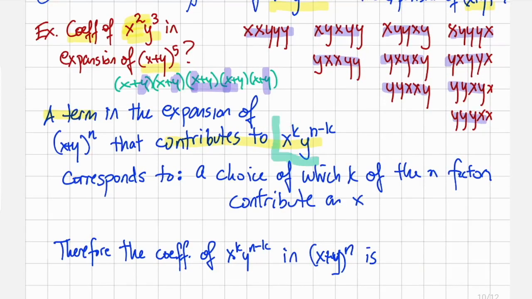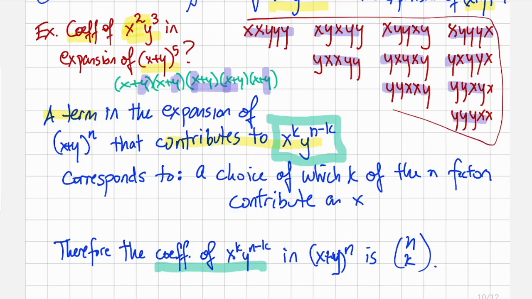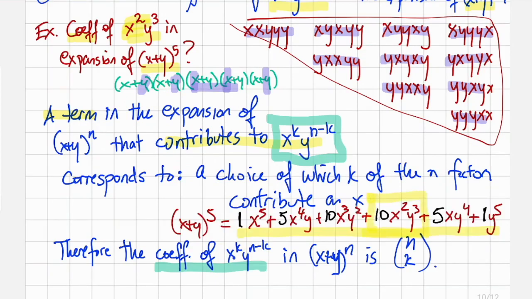And so the total number of terms that look like x to the k, y to the n minus k, which is the coefficient of x to the k times y to the n minus k, is n choose k. What we're saying is that if we expand (x plus y) to the 5th and then combine like terms, then we would expect that the coefficient of x squared y cubed is equal to 5 choose 2, which is equal to 10.